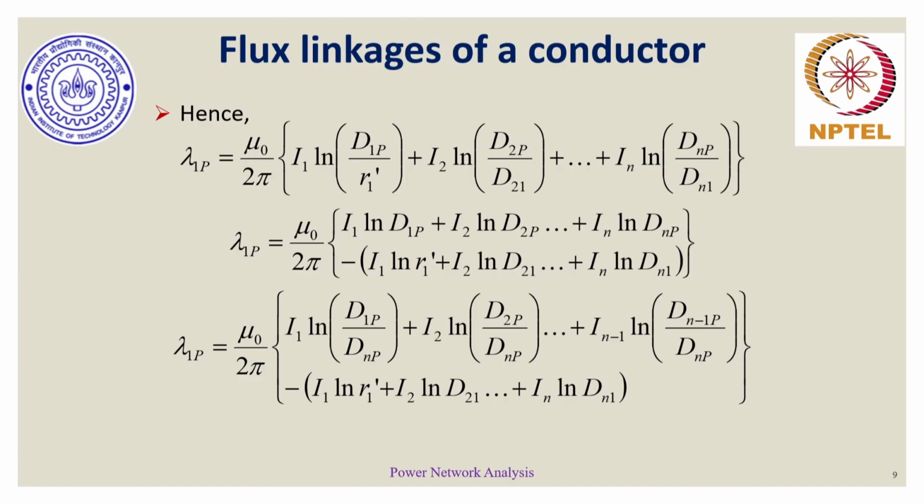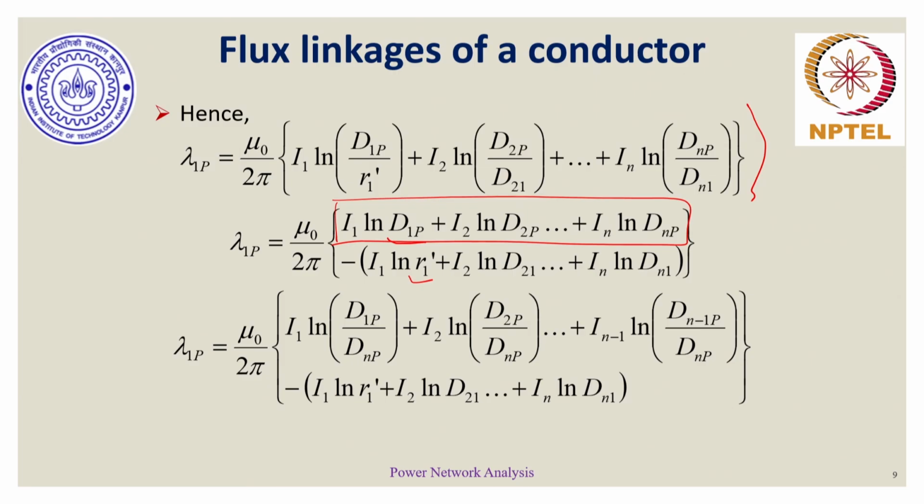So let's look at those two distinct components. The first two expressions remain the same, and I have broken up their natural log numerators and denominators separately. Essentially I have one term which is the sum of all natural log numerators with respective currents.